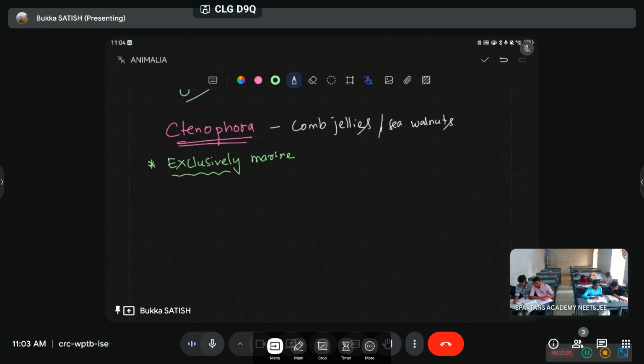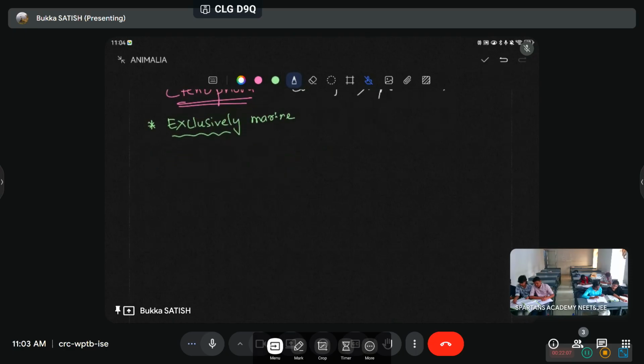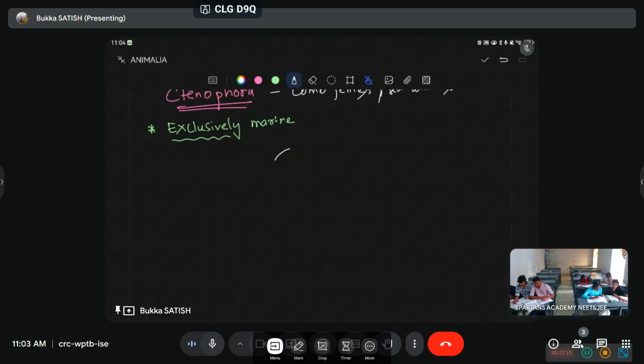Right. Next, see the body, their body consists of 8 rows of cilia.